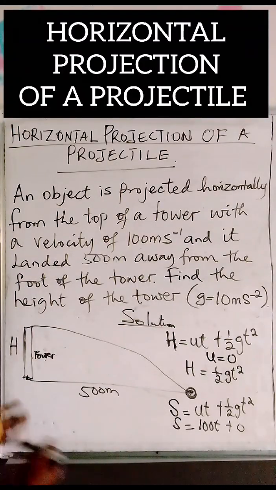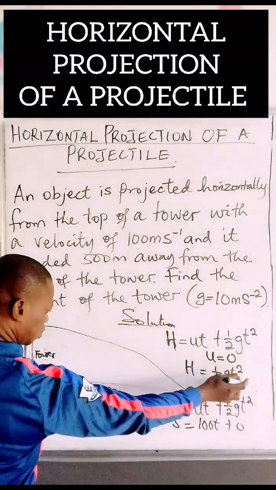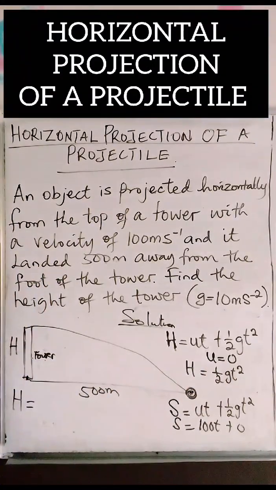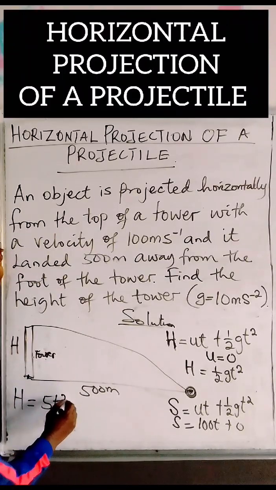So at that point in time, our h is going to give you half gt squared. Half of 10 is 5, so 5t squared.